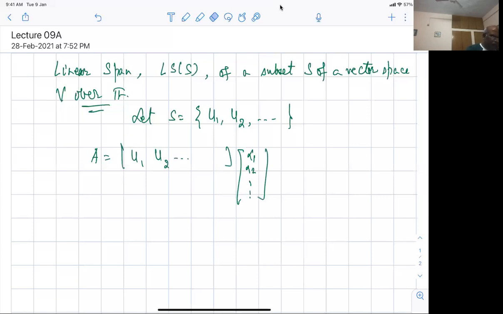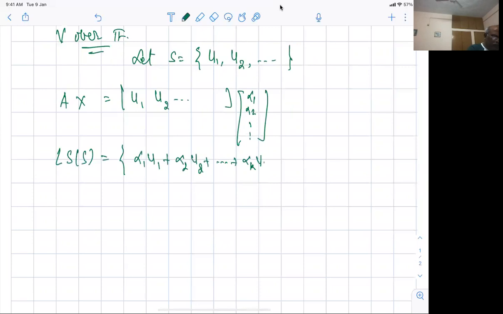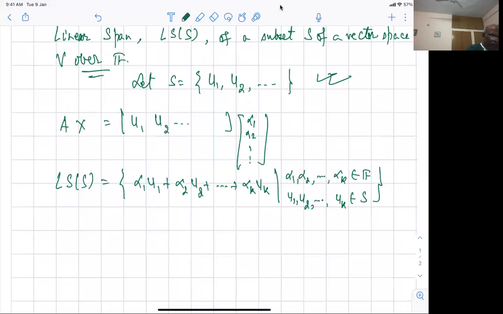So I'm looking at basically A times X. So LS of S by definition is equal to alpha 1 U1 plus alpha 2 U2 plus alpha k Uk, where alpha 1, alpha 2, alpha k belong to the scalars and U1, U2, Uk belong to S. All right. So I have a set S, which is a subset of a vector space V over F, and then we are looking at this.